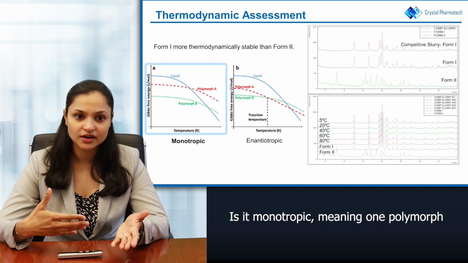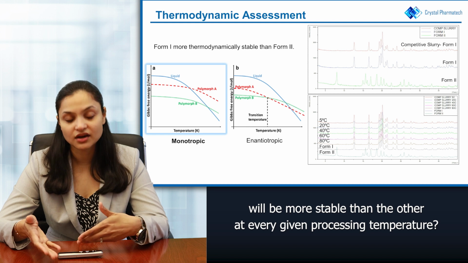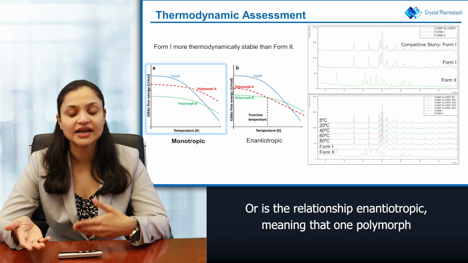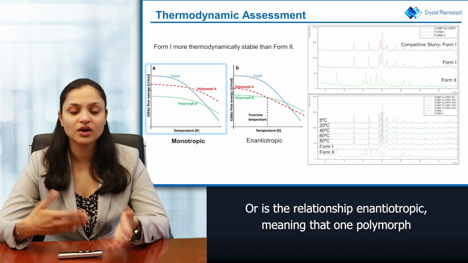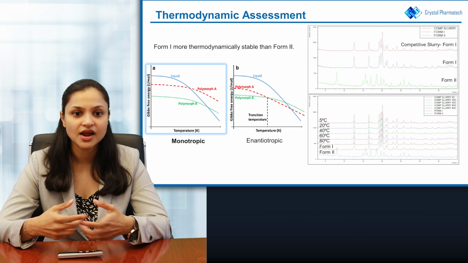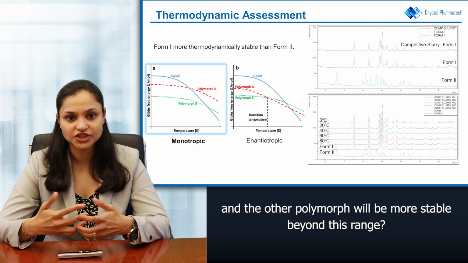Is it monotropic, meaning one polymorph will be more stable than the other at every given processing temperature? Or is the relationship enantiotropic, meaning that one polymorph will be more stable than the other at a specific range of temperature, and the other polymorph will be more stable beyond this range?